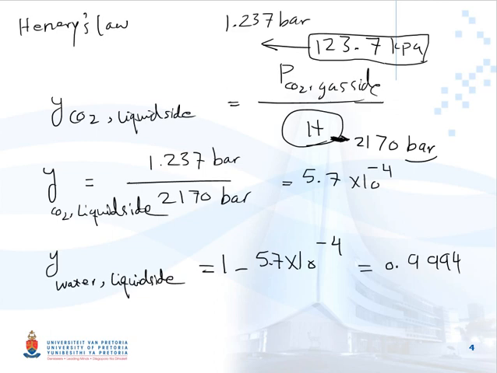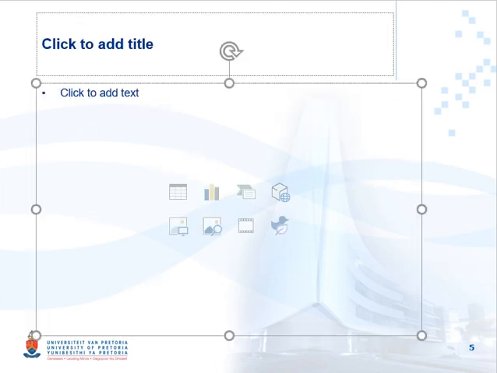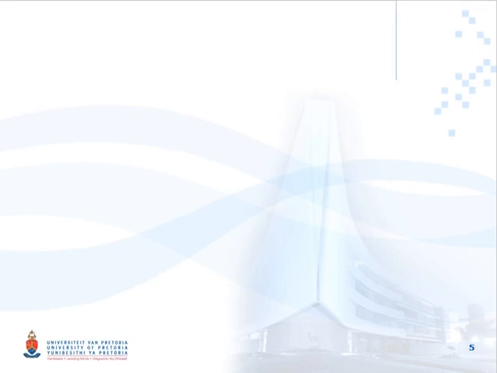Okay, so now we have the mole fraction of water in the drink. What we need to do is find the mass and mole fraction of the mixture, because what we have is a mixture of carbon dioxide and water. So let's open another page and try to find the mixture.